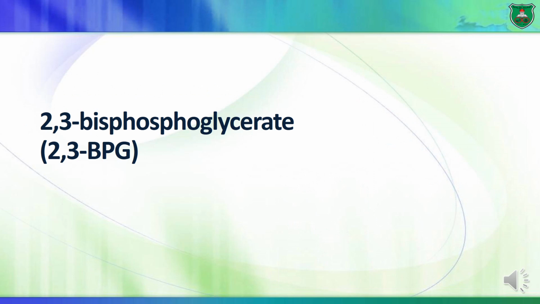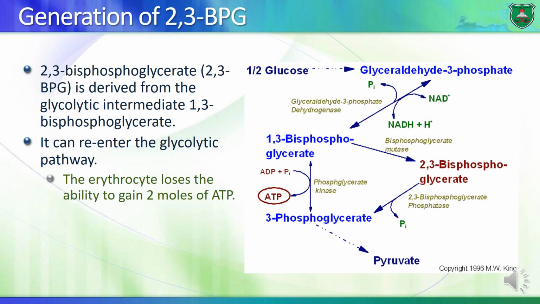Okay, now, let's start with the 2,3-bisphosphoglycerate. You already know that 2,3-bisphosphoglycerate binds to the center of the hemoglobin molecule, stabilizing the T state of the molecule, reducing affinity towards oxygen, right? So where does 2,3-bisphosphoglycerate come from? It comes from the glycolytic pathway.